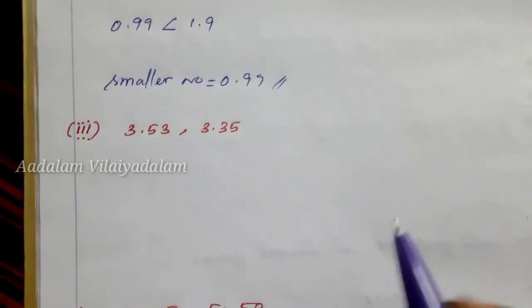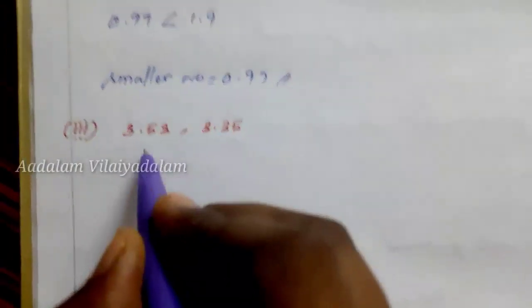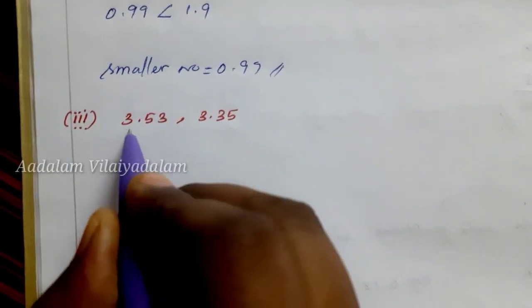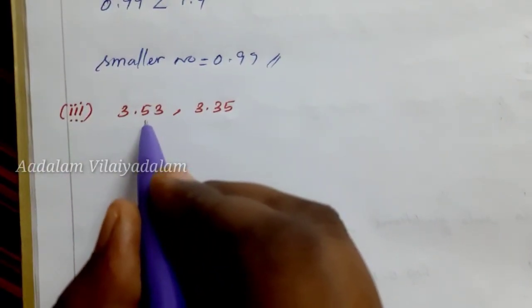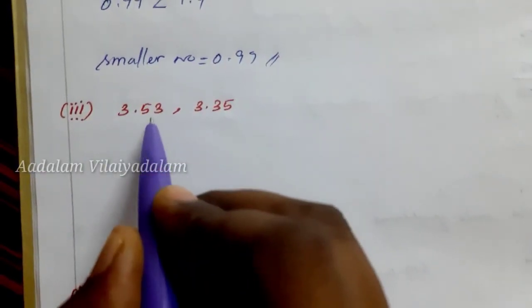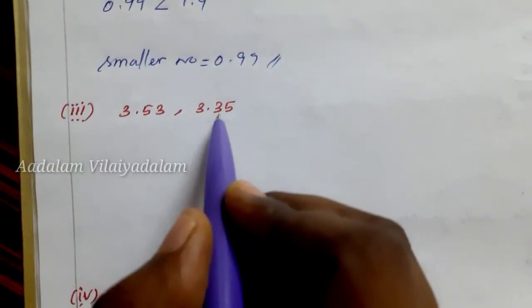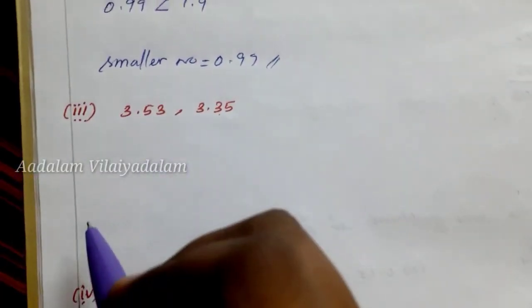3.53 and 3.35. These two numbers look the same, isn't it? So carefully note that the whole number part, 3 and 3, is the same. So next move to the decimal of the first number, that is 5 and 3. Among 5 and 3 which is smaller? So 3 is the smaller.